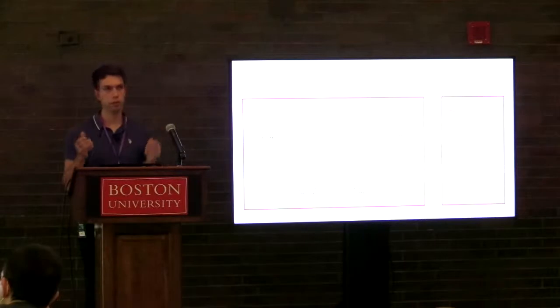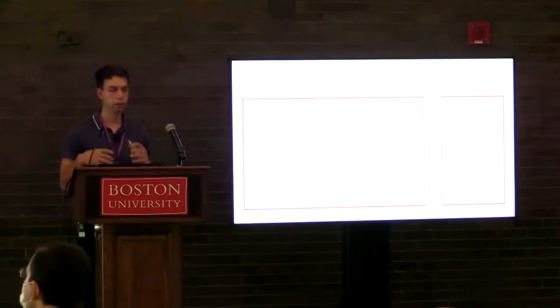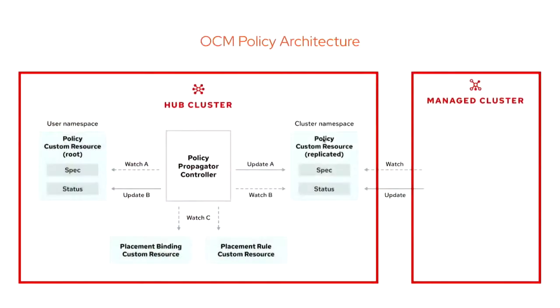Now that we went through one demo, I just want to give a high level architecture to summarize what we've seen. We defined a root policy in the policy namespace. Then a copy of each policy was made in the managed cluster's namespace on the hub, specific to that managed cluster.